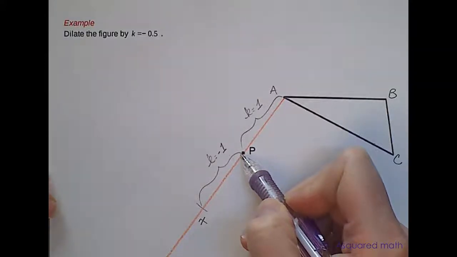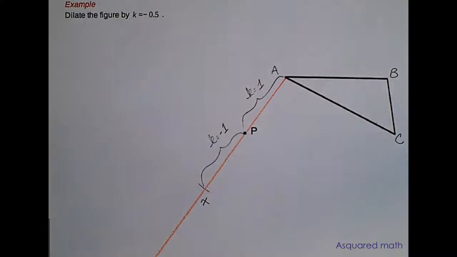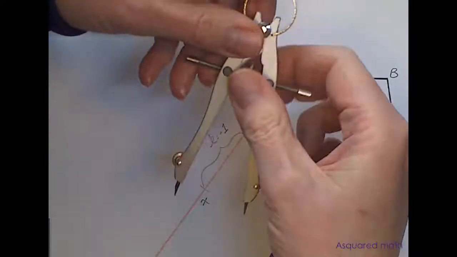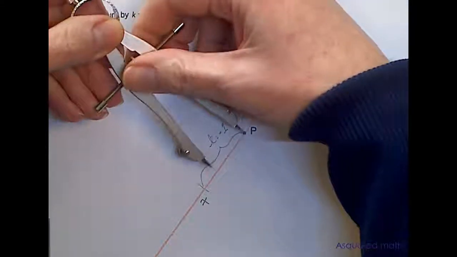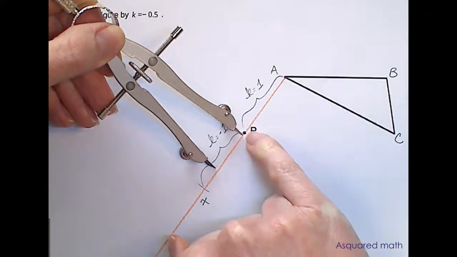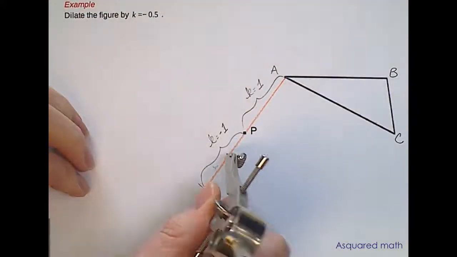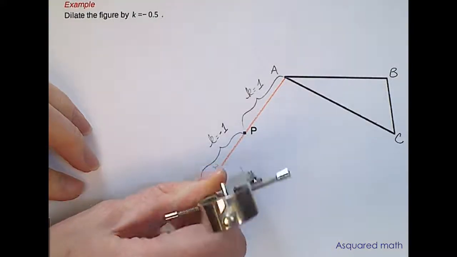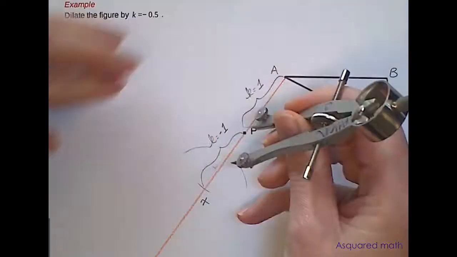In order to do that, we're going to construct a perpendicular bisector. So if you recall, we need to take our compass and set its radius so that it is just past the halfway point of segment PX. And then we're going to draw arcs on the top and bottom from each point.